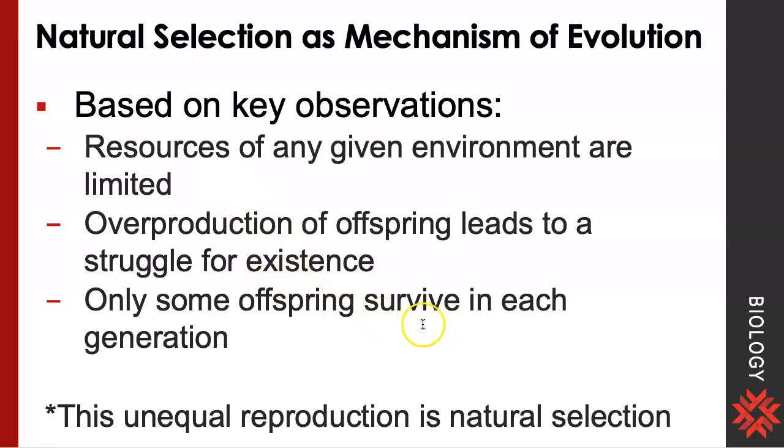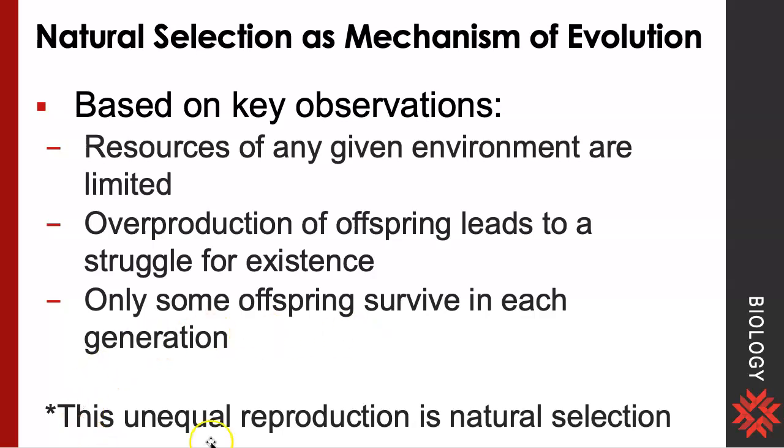Those that are able to compete and get the food that they need are the ones that are going to survive and reproduce. Those that can't compete aren't going to get the food that they need, they're going to end up dying off, and they aren't going to have the chance to reproduce.